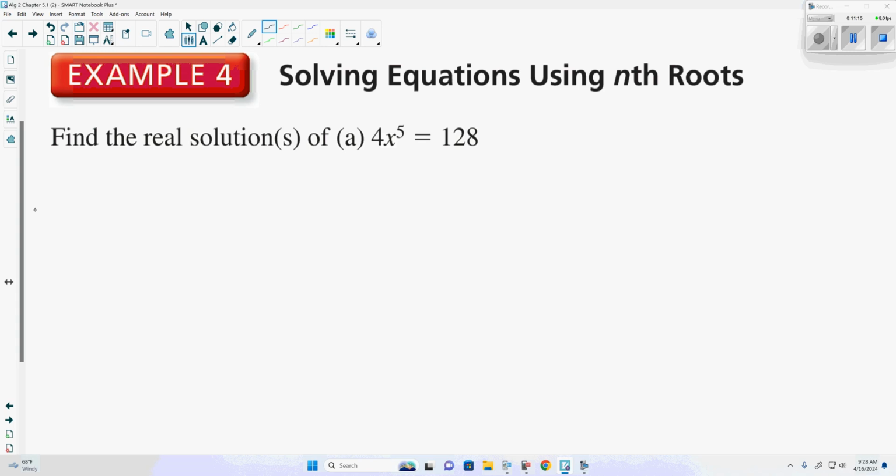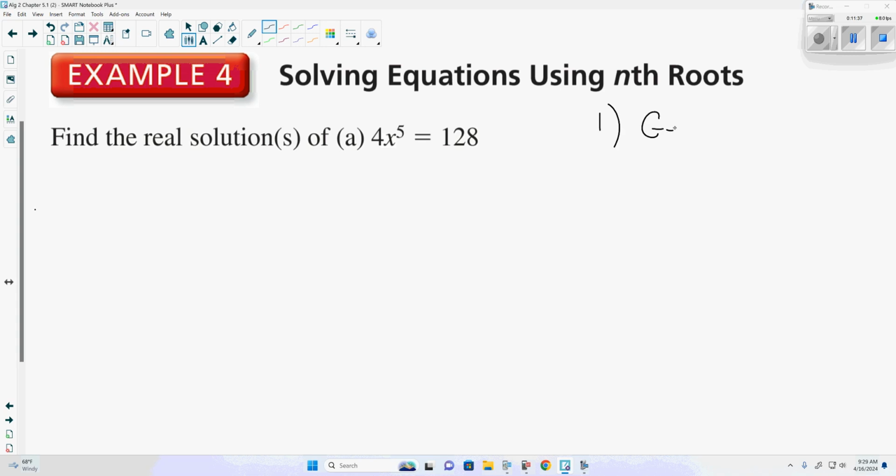Find the real solutions of these here. So we're going to do some with solving. And we talked about these with the square root method. If I remember right, because the first thing we do is we get the variable with the exponent by itself, take the nth root of both sides, solve for x. Those are the 3 main steps with these here.